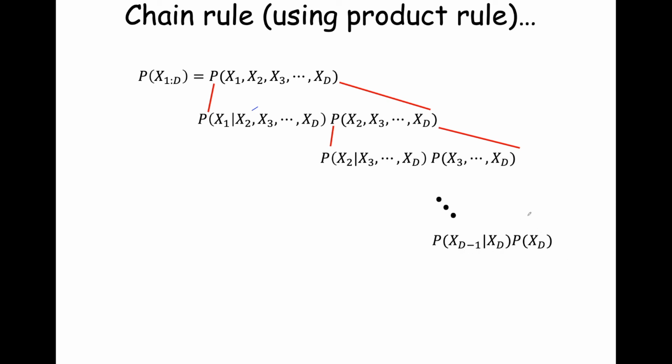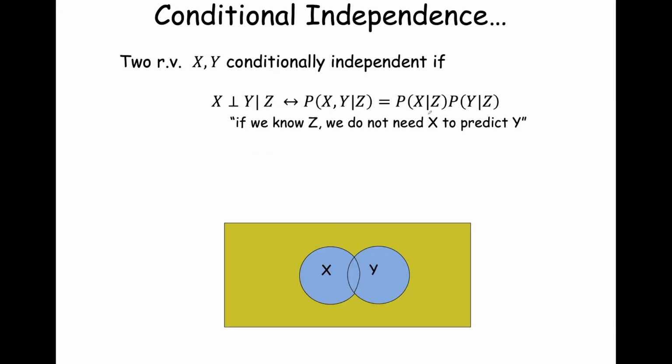So we'd say x_d times x_{d-1} given x_d, times this term, times this term, times this term, and so forth. And so there's more than one way of forming the chain rule, and each one of those ways represents the multiplication of a different factorization of this joint probability distribution.